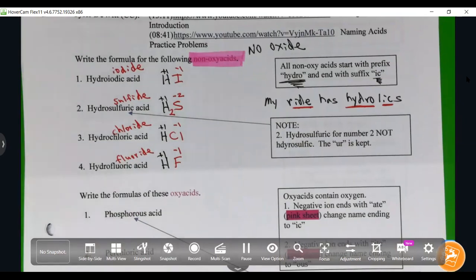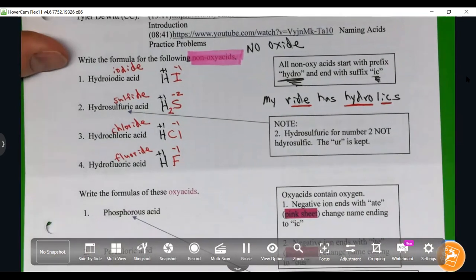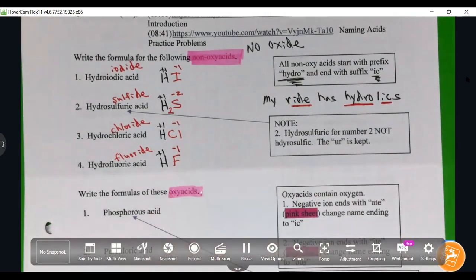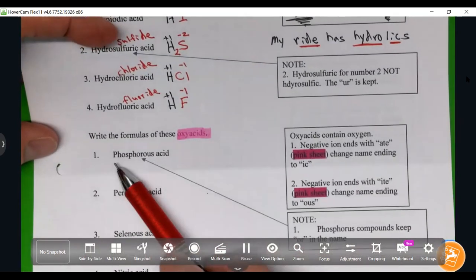A couple of mnemonics. So down here we have oxyacids. So we're going to have oxides in those. Notice none of the names start with hydro.